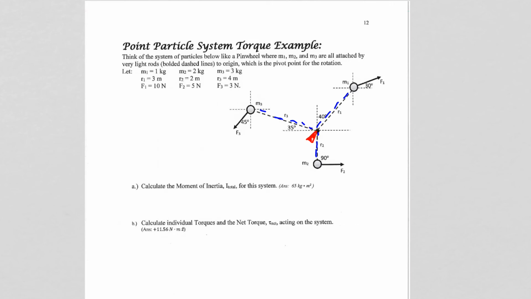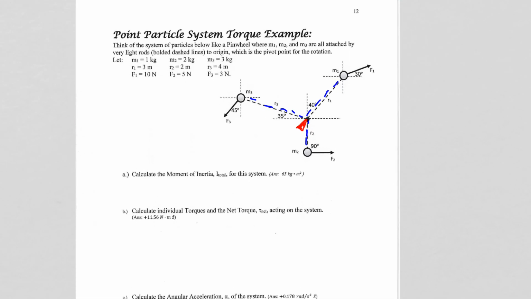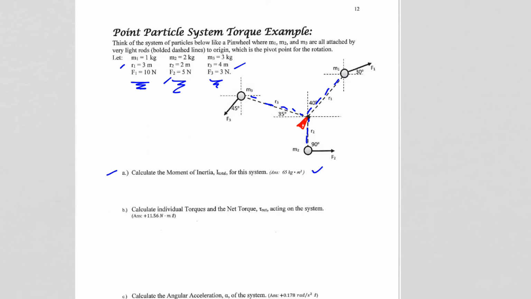You are going to follow exactly what it says. You are going to take the values for mass 1, mass 2, mass 3, and you're going to calculate moment of inertia: mr squared for mass 1, mr squared for mass 2, mr squared for mass 3, and get the total inertia of this pinwheel system.